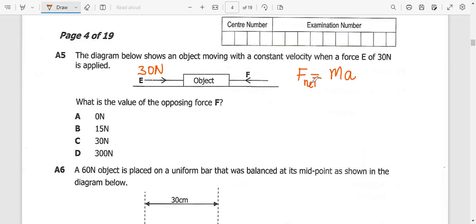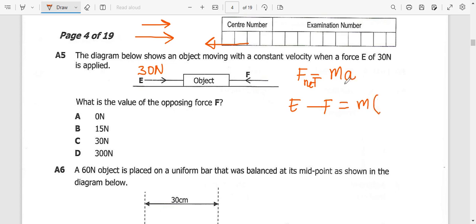The meaning of net force is you take the force going in the forward direction, in this case E, and remove the force going in the opposite direction, that is F. If two forces were going in the same direction, you would add them, but because they are going in opposite directions, you subtract them. This is equal to mass times acceleration.